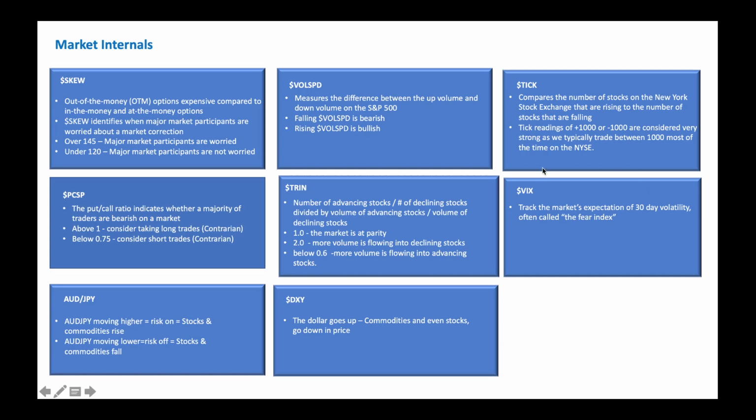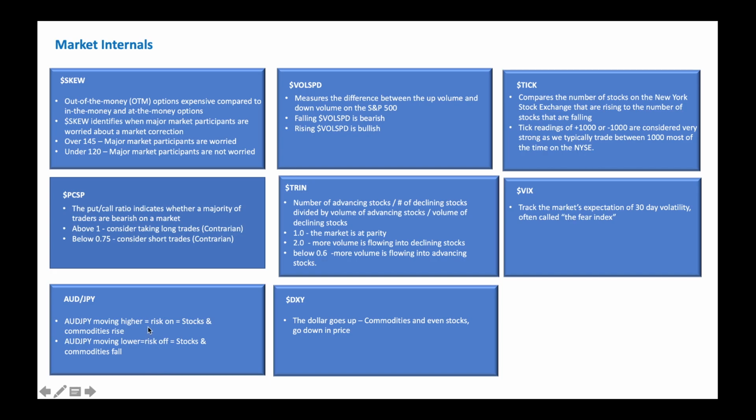Next is the carry trade, as we call it. Currency trades like the Australian dollar and Japanese yen, where the Australian dollar is a high interest rate currency, and JPY, the Japanese yen, is a low interest rate currency. The moment these types of pairs, especially AUD JPY, or even AUD USD as an example, are moving higher, that means risk on.